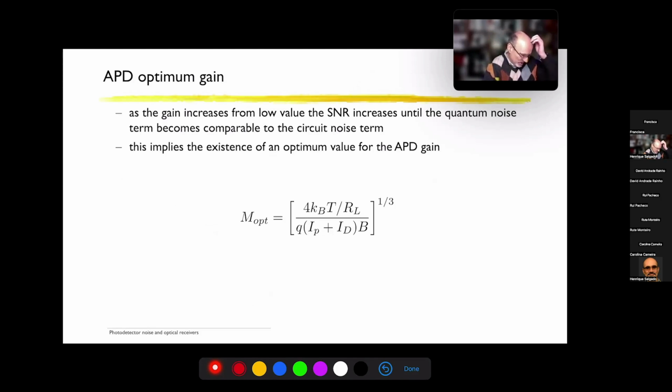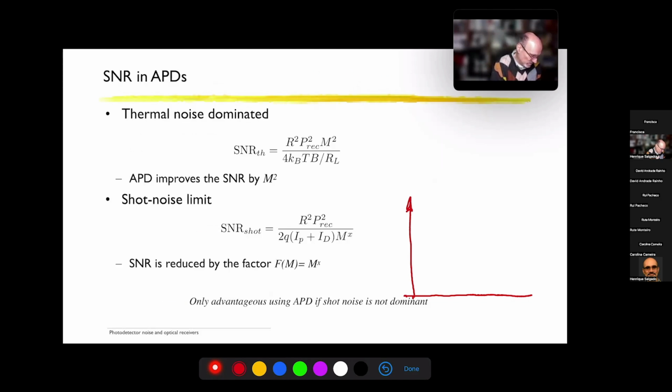And so here we have an interesting result, which is the following. I'll try to explain by doing a plot here.